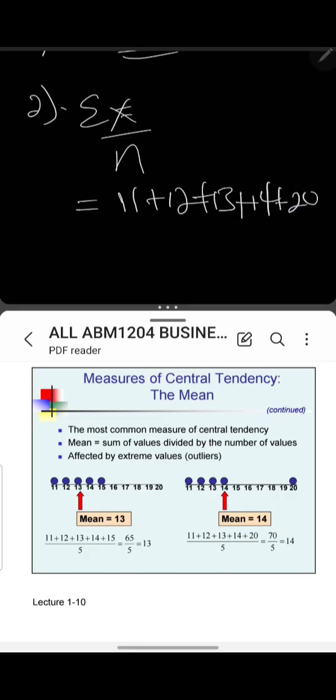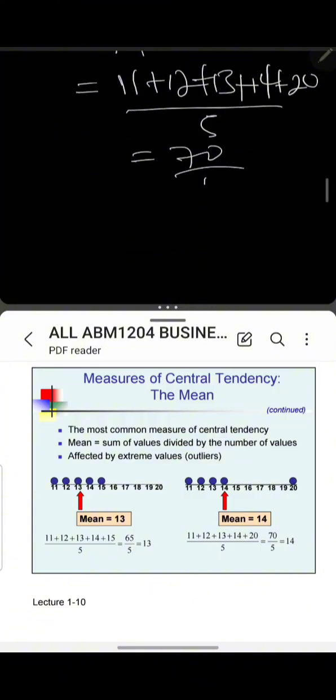That gives 70, and 70 divided by 5 is 14. You can put x bar equals 14. So we have got the exact values.